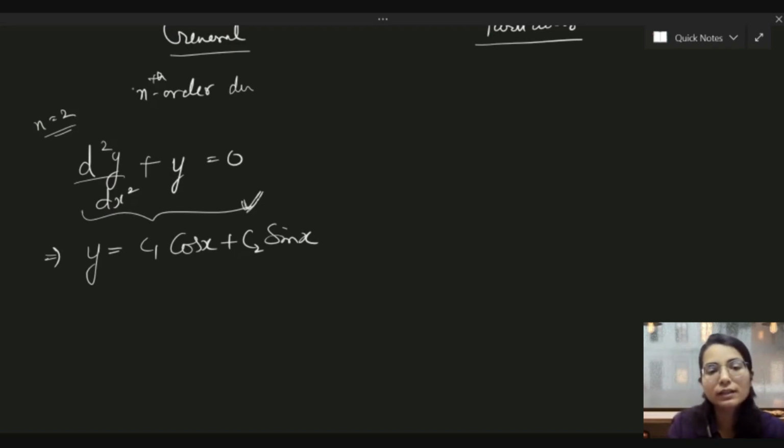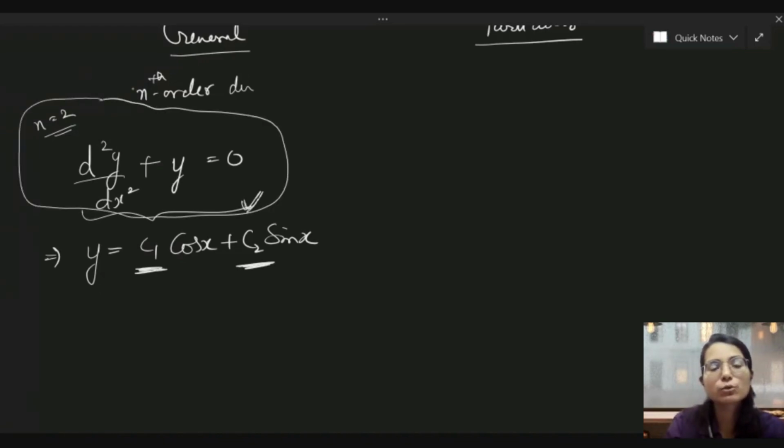Now, this solution has two arbitrary constants, and the order of the derivative of this differential equation was also 2. So when you solve an nth order differential equation, the solution that you get contains n arbitrary constants. For example, here it was 2nd order, and you got 2 arbitrary constants.